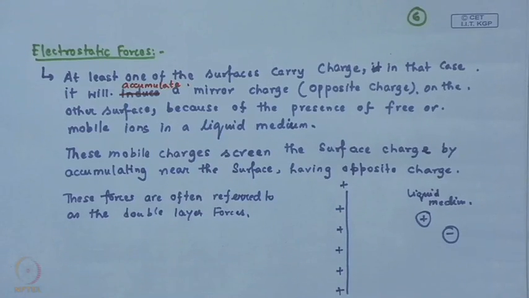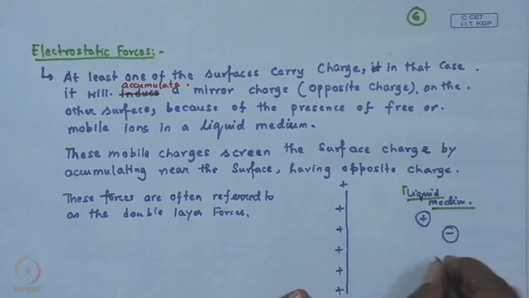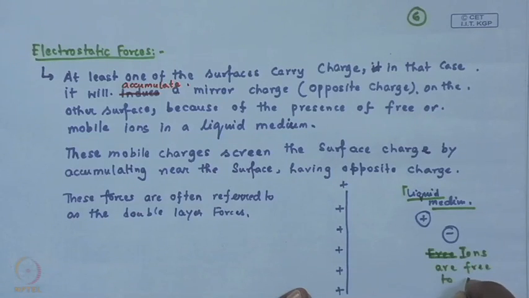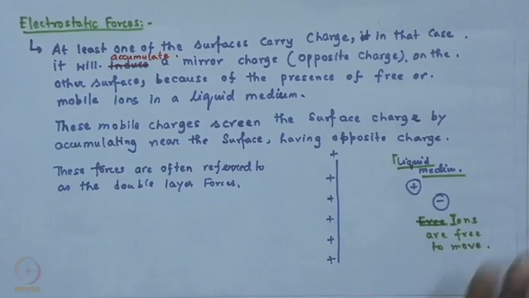So, the first important thing is there is a liquid medium. These ions are free to move, and therefore, they are free to orient or position themselves.